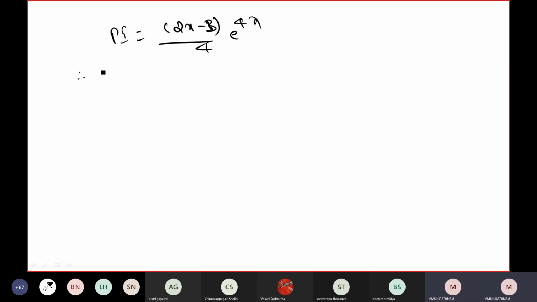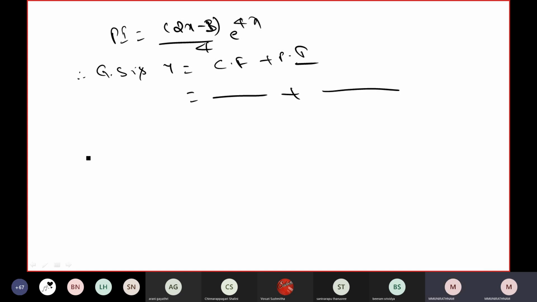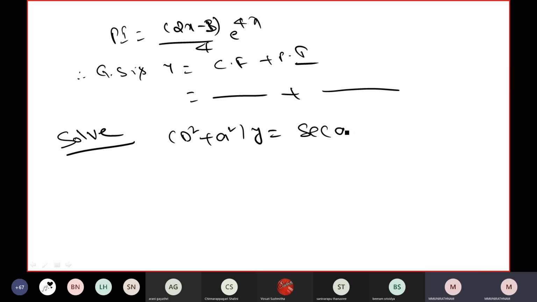So therefore, general solution is y equal to cf plus pi. cf అంటే ఏంటి రాయండి, pi అంటే ఏంటి రాయండి. అయిపోయిన ప్రాబ్లం రాసుకోండి. సాల్వ్ d square plus a square into y equal to secant ax.